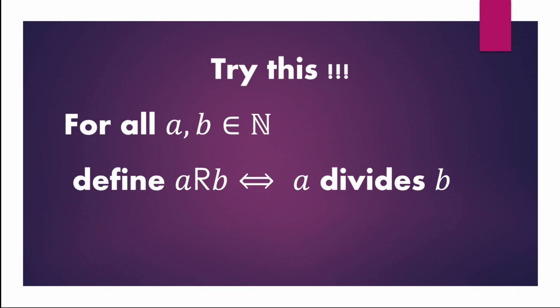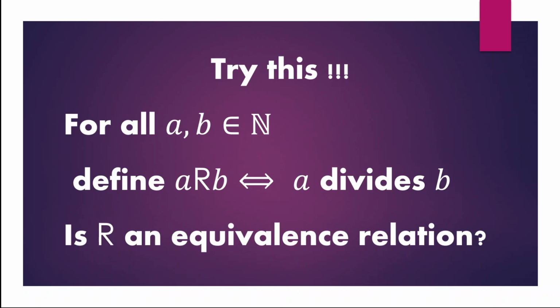Check whether this relation is an equivalence relation. So you need to check whether it is reflexive, symmetric and transitive. That is on the set of natural numbers. Once that work is done, you can change the domain from natural numbers to the set of integers and check whether on the set of integers this defines an equivalence relation.